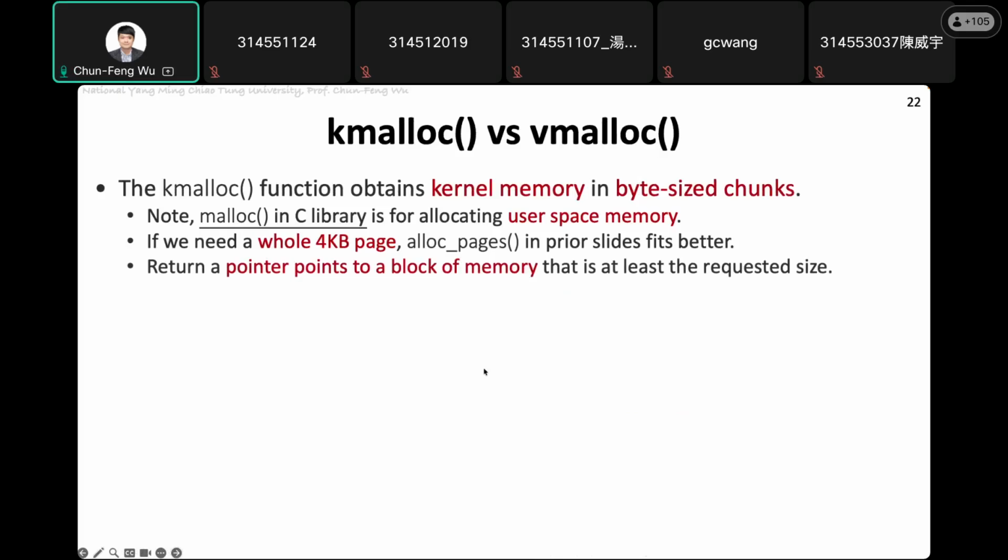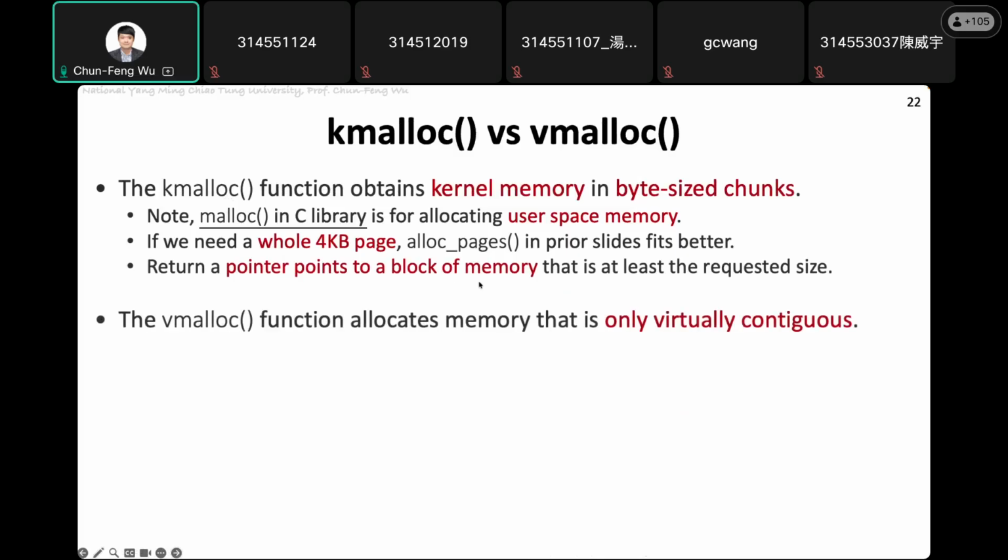So with this kernel memory allocation, it returns a pointer to a block of memory that is at least the requested size. The vmalloc function allocates memory that is only virtually contiguous. Because if we are going to get 2 or 3 page frames, then maybe it is not possible to get contiguous page frames.